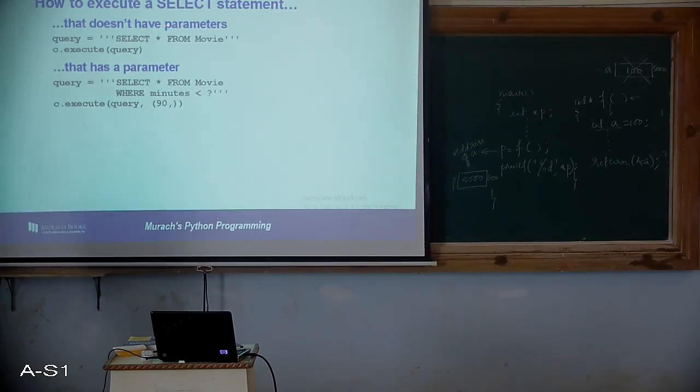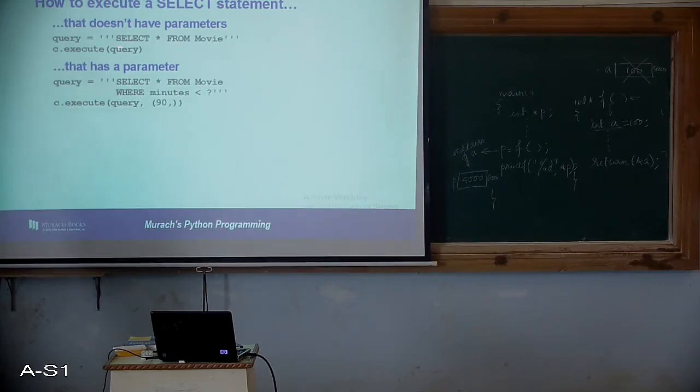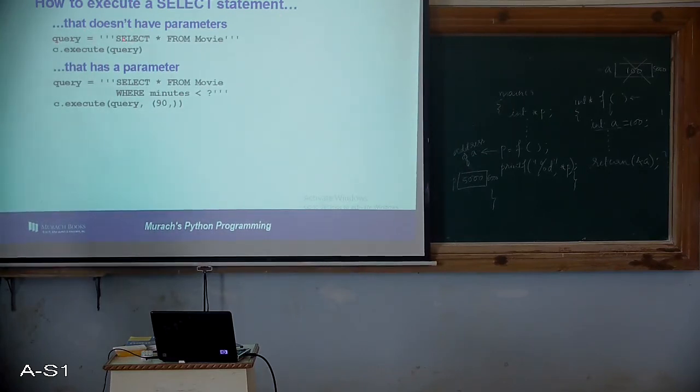How to execute a select statement? One example is given to you. Here the parameters are not there, so this is just a plain select statement. Query is equal to select star from movie. Here a special type of quotation, the triple quotation, is used, just to differentiate between normal quotation and triple quotation. Need not worry. Then c dot execute query.